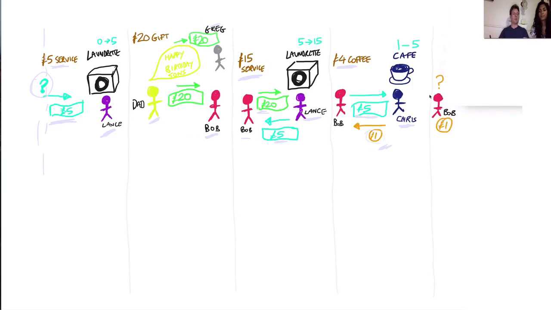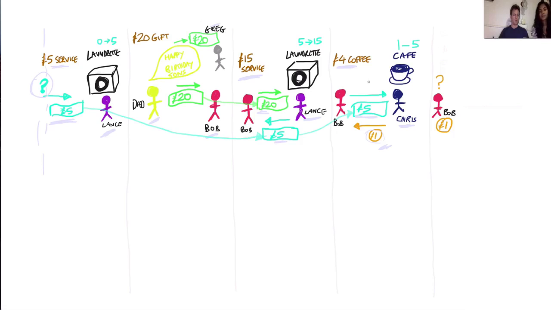So Bob started the day with nothing in his pocket. And then at various times in the day, he had a £20 for a while, then he had a £5 for a while, but because of the transactions he was involved in, he ends the day with £1 in his pocket. Yeah? Makes sense? But you can see, so that £5 note that was paid to the laundrette at the beginning was given to Bob as change, right?